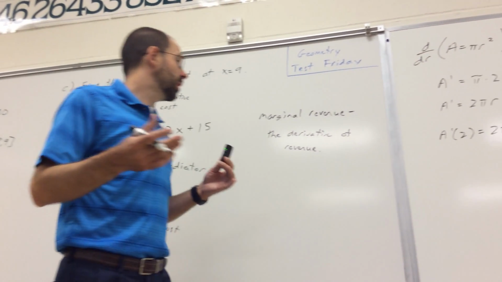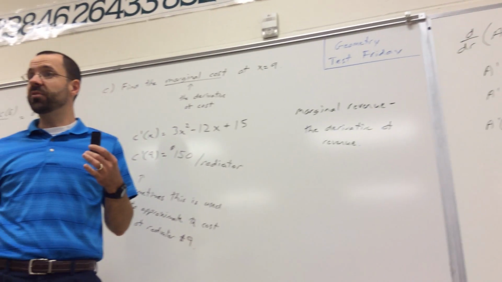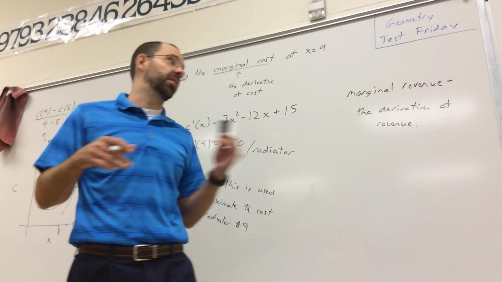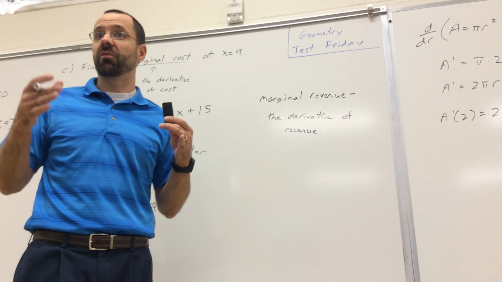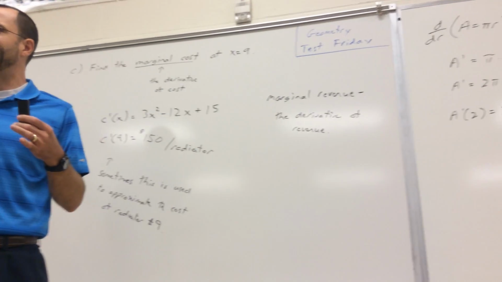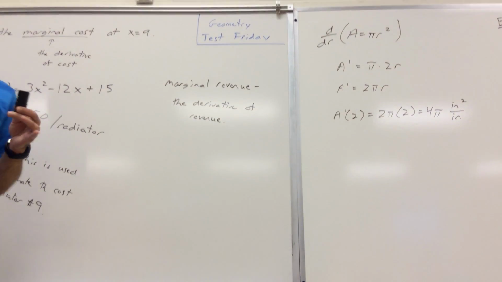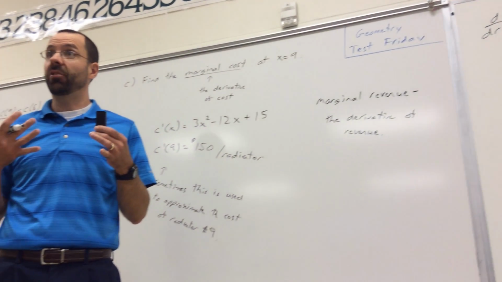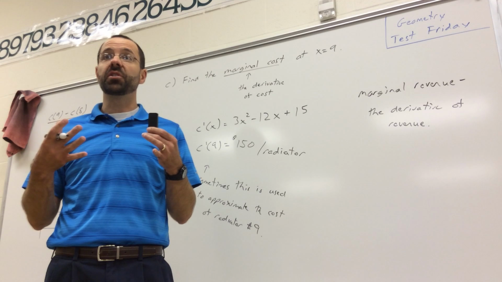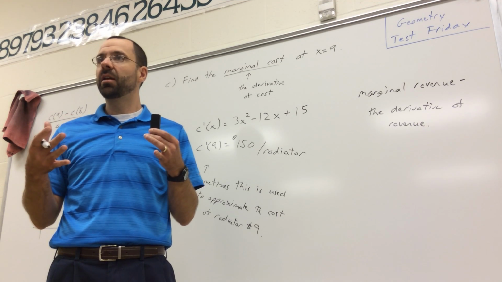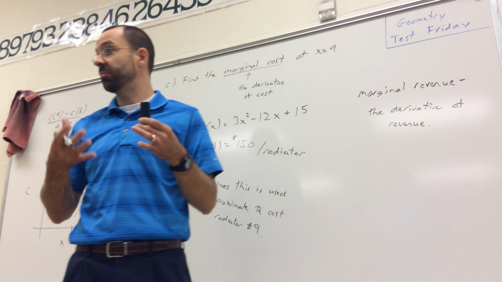Okay, so if we're going to find the marginal cost, you just take the derivative, plug in the cost. If you're going to find the marginal revenue, you're going to take the derivative and plug in revenue. But what Josh was trying to get at is what this means, not how to do it, but what it means. And revenue is how much money you take in, right? So the marginal revenue is, if I make radiator number 9, I'm going to be able to sell it for this much.